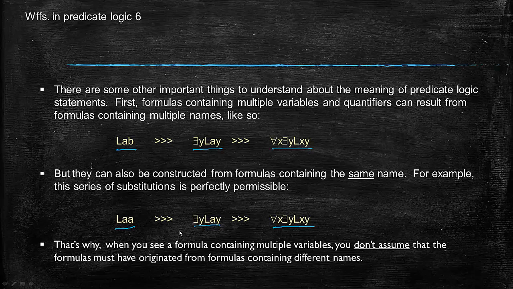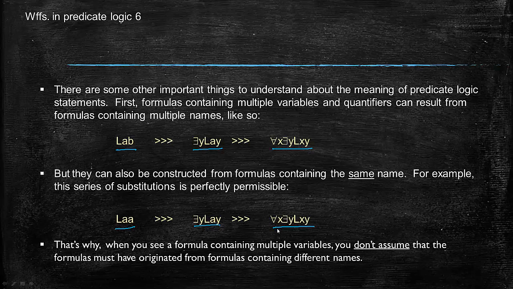And so that's really, in terms of the formation rules, that's why when you see a formula containing multiple variables like this, you can't assume that the formulas have originated from formulas containing different names. So in other words, you can't assume that x and y are different. They don't have to be. Why is that?